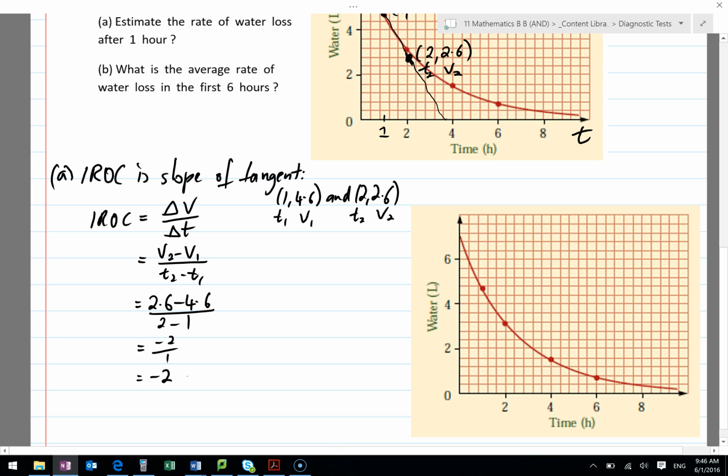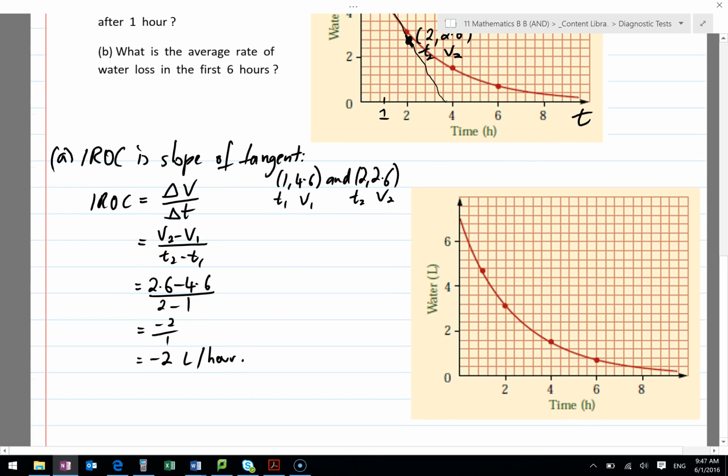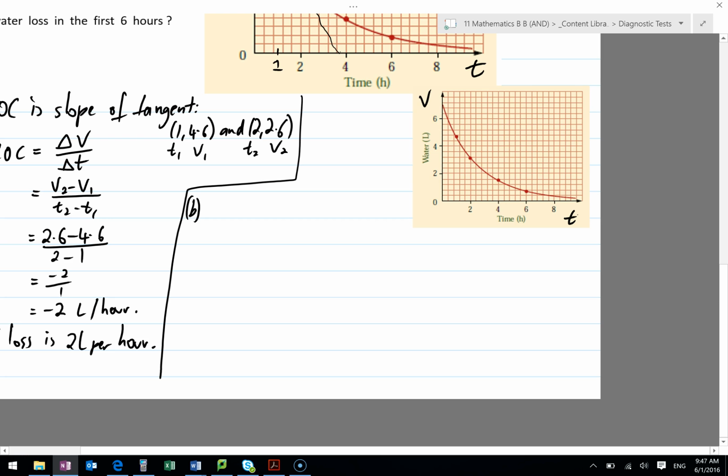So -2 litres per hour, which means the rate of water loss would be 2 litres per hour. The rate of loss is 2 litres per hour, since this negative really means a loss.